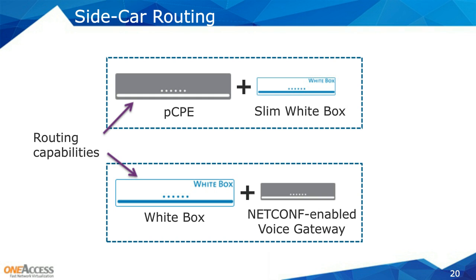In the white box, the vCPE or vRouter would be resident there, and then they would set up the tunneling for the voice connections that are required using this NETCONF-enabled voice gateway. There are slight differences there in how this is actually implemented. And the theme is common: 2 boxes, common management interface to address either cost or legacy.